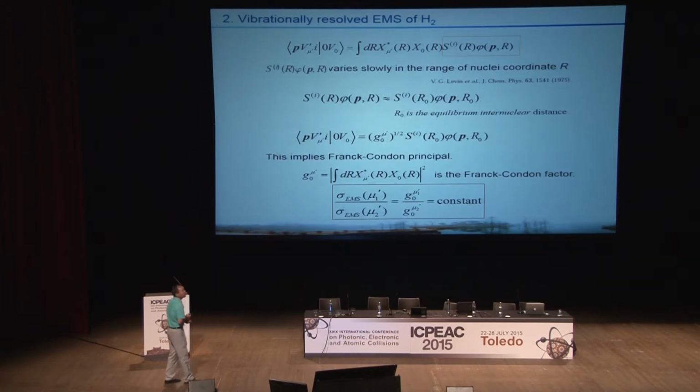For this factor, we can simplify it and use a simple approximation, where R is promised by the equilibrium internuclear distance. So we can get that this ratio for different states should be consistent.